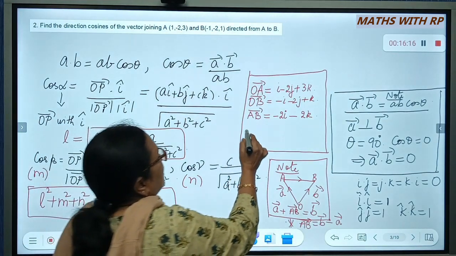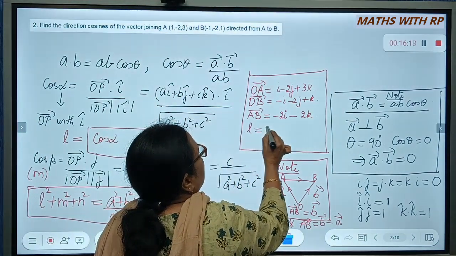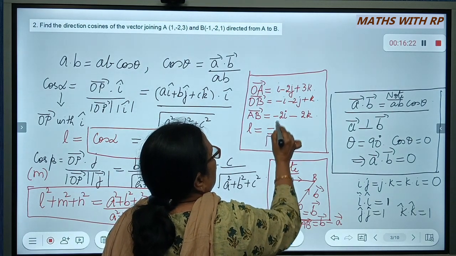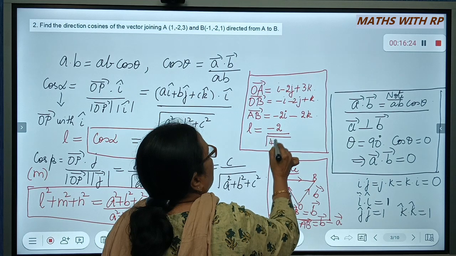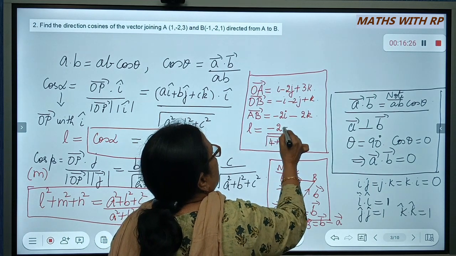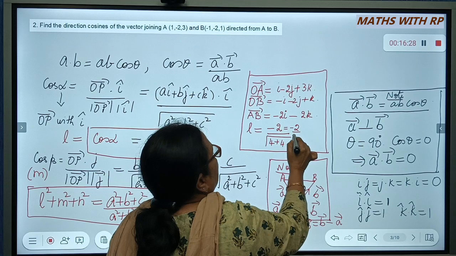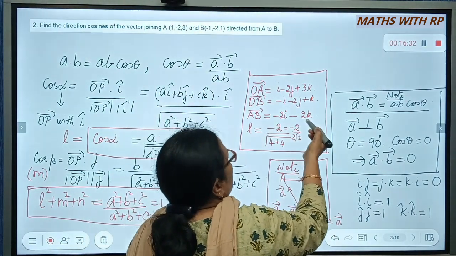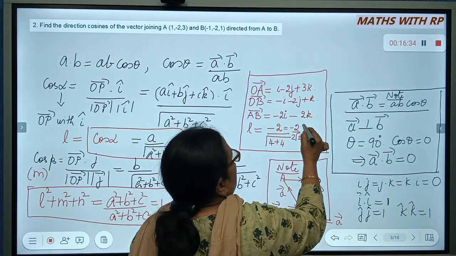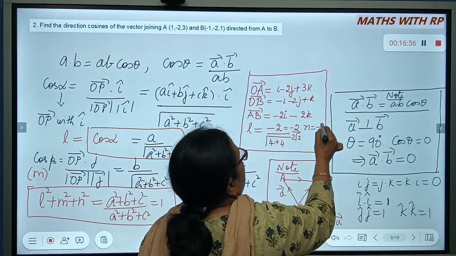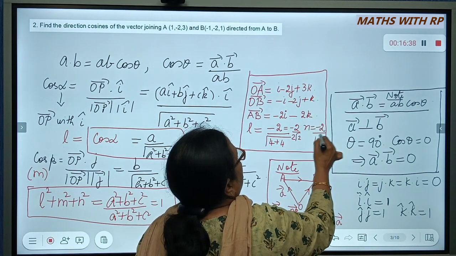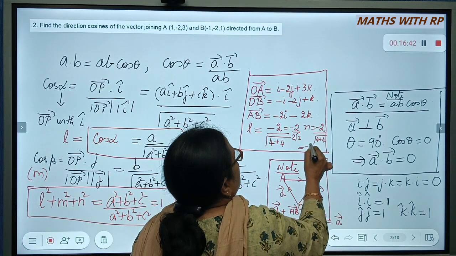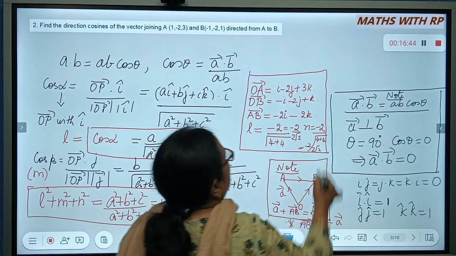So here the direction cosines will be l equals minus 2 by root of 2 square plus 2 square, 4 plus 4, which is minus 2 by root 8, or minus 1 by root 2. m does not exist, so m is 0. n will be minus 2 by again root of 4 plus 4, which is minus 2 by 2 root 2.